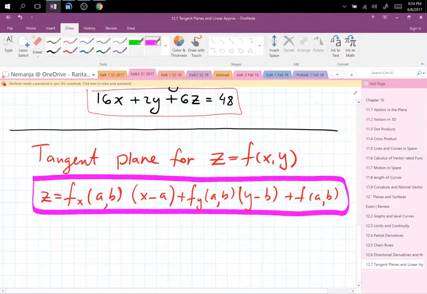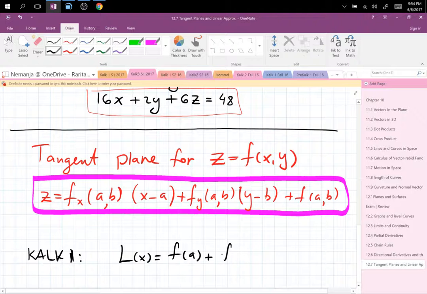That's another big formula. Now, if you are still trying to remember what was happening in Calc 1, let me just write it real quick. In Calculus 1, what you had was the linearization formula, which was L(x) equal to f of a plus f prime computed at a times x minus a.